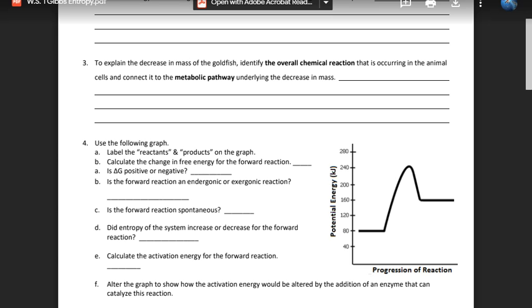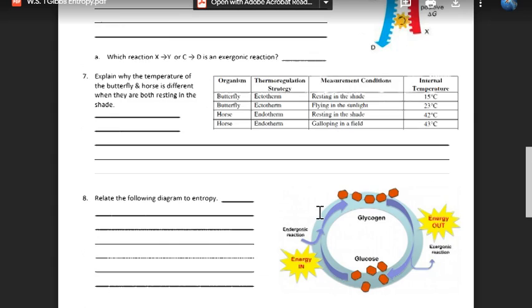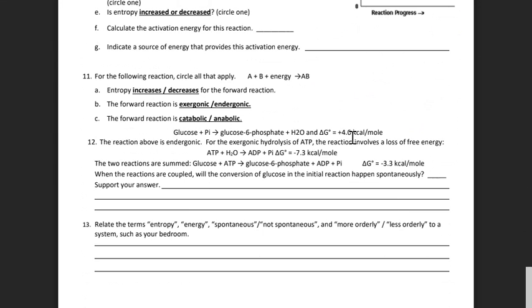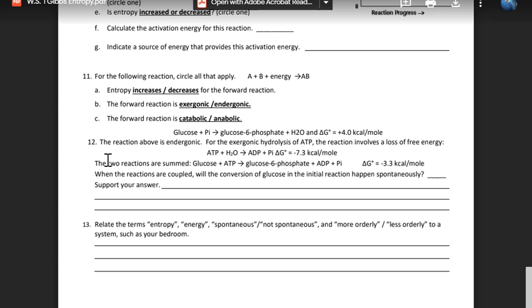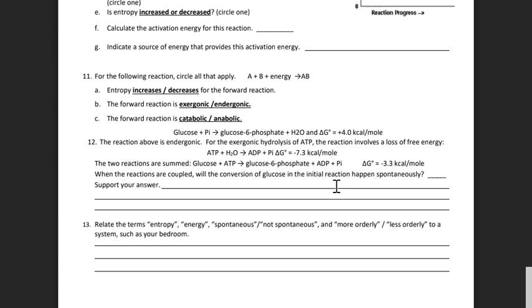Okay. So one thing that I think is a pretty difficult question, if you guys go back to 4.1 and you look at question number 12, boy, there's a lot of symbols and things we haven't probably heard of, like glucose 6-phosphate, okay?